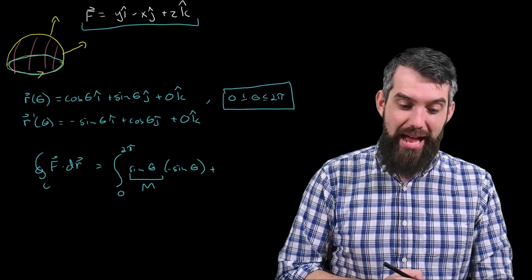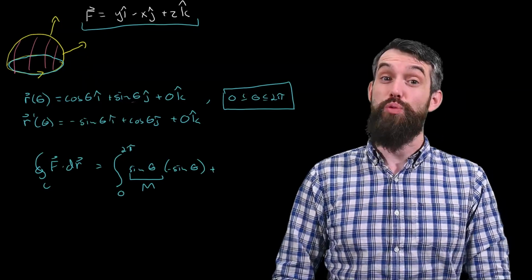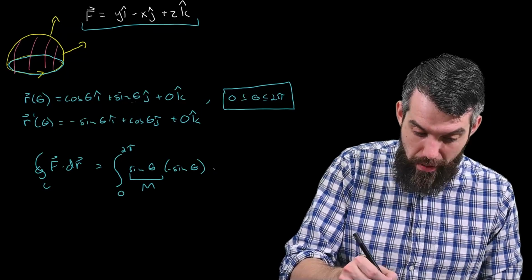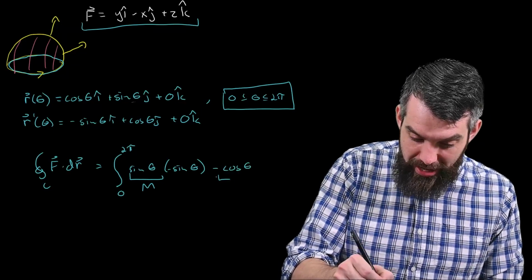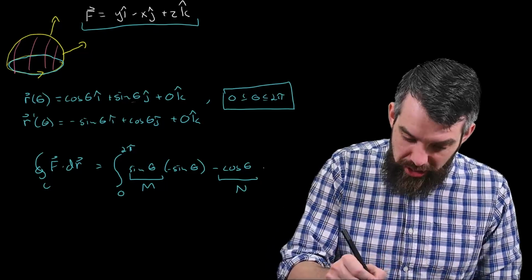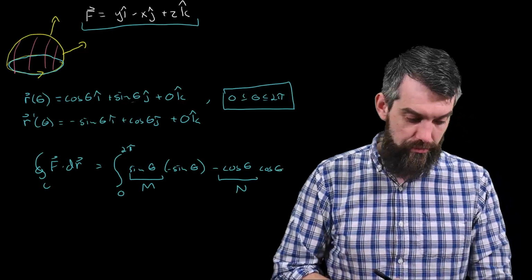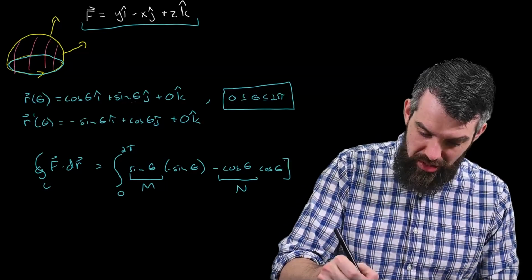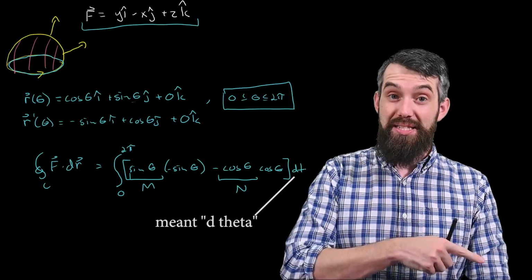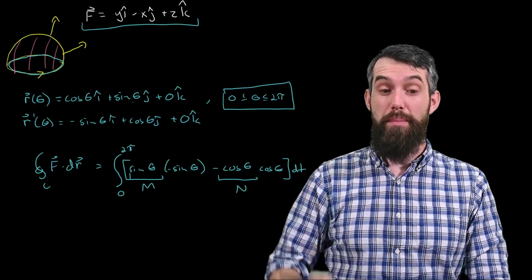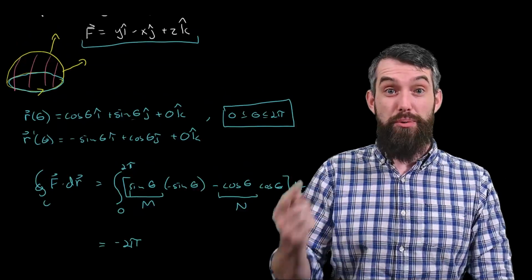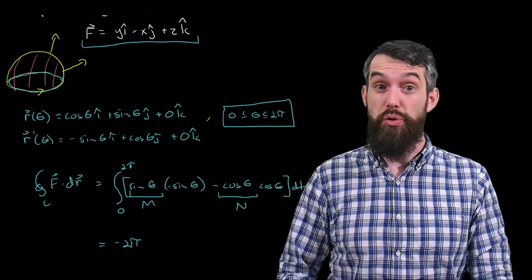Then to that I add minus x, which in terms of our parameterization is minus cosine of theta, that is our N, multiplied by the j hat component of r prime, which is cosine of theta, and then plus 0 because r prime has 0 in the k hat, and I'll put in my dt. Minus sine squared plus minus cosine squared is just minus 1, so this is going to be minus 2 pi. All right, so there's our result for the circulation: minus 2 pi. Not so bad.